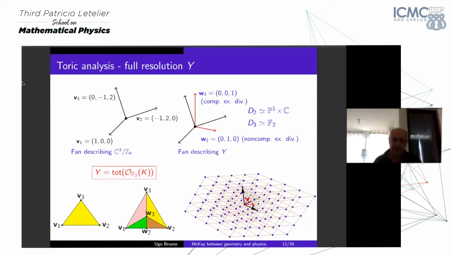You see in the drawing in the lower right corner is the lattice. The blue points are the points in the lattice, which we may think of as Z3. And the black arrows are the generators of the cone.